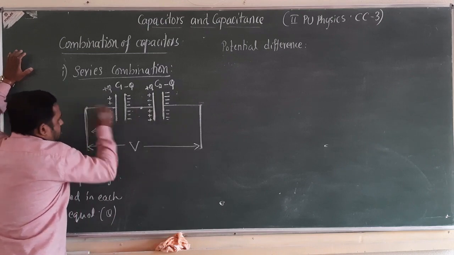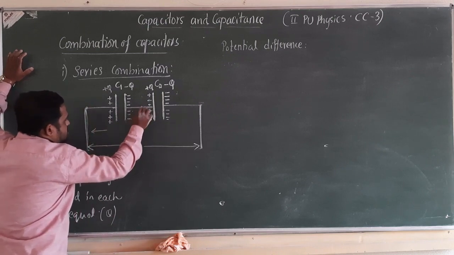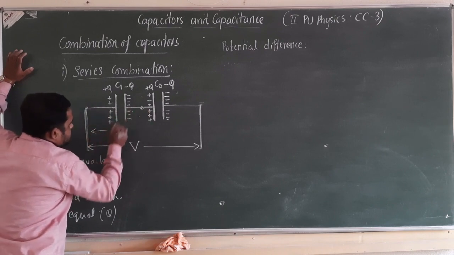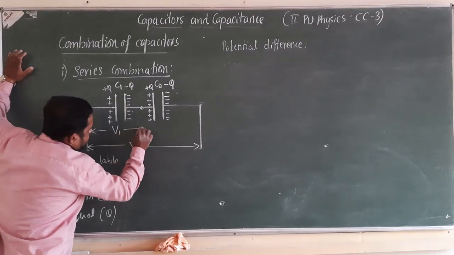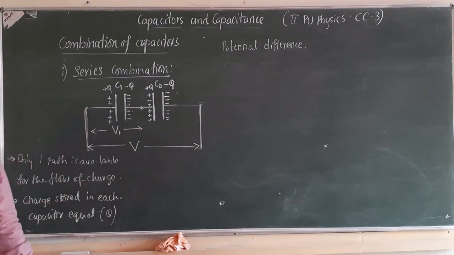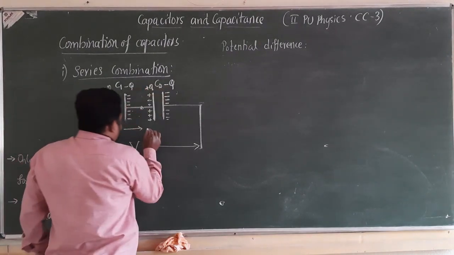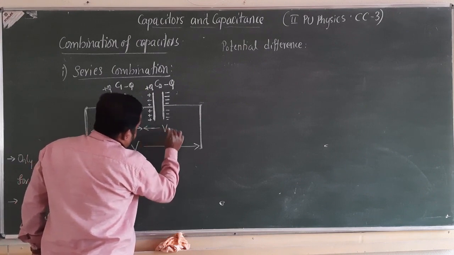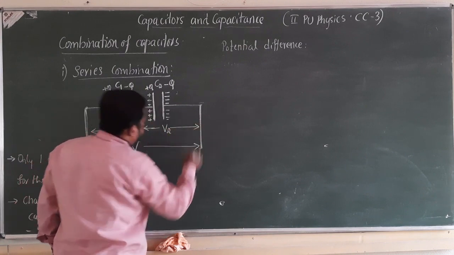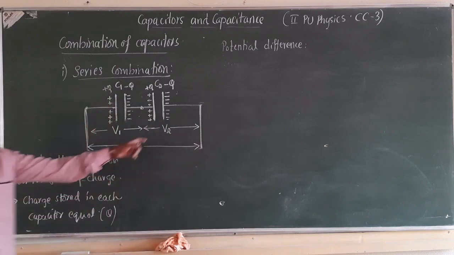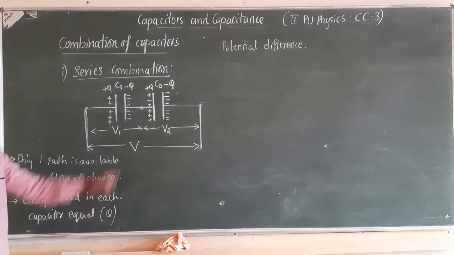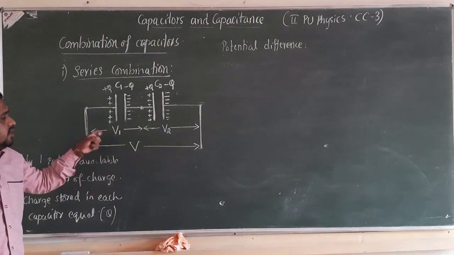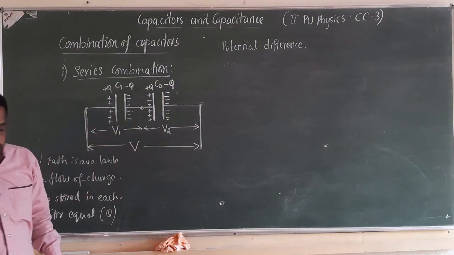I will consider these 2 points, or between these 2 points this capacitor is connected. So the potential difference between the plates of capacitor 1 is V1. The second capacitor carries a charge of Q. Again, due to that charge, a potential difference is developed across the plates of the second capacitor. Let it be V2. Amount of charge stored in each capacitor is the same, but what about the potential difference?